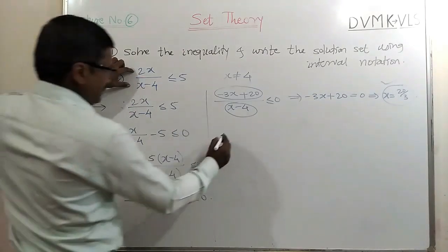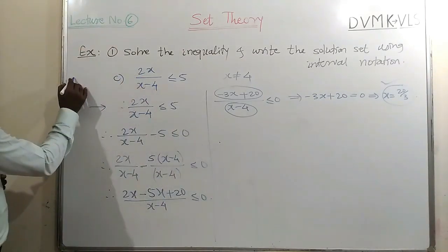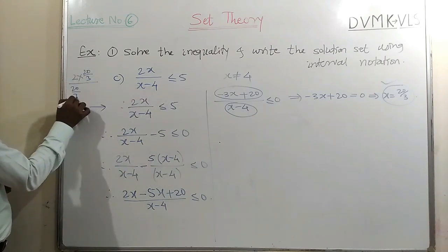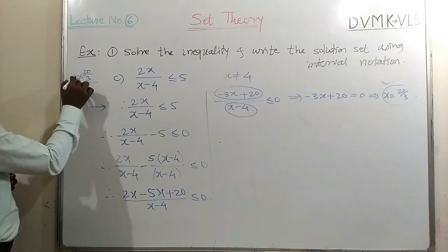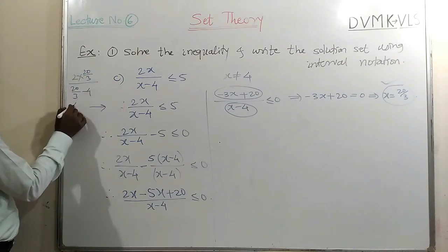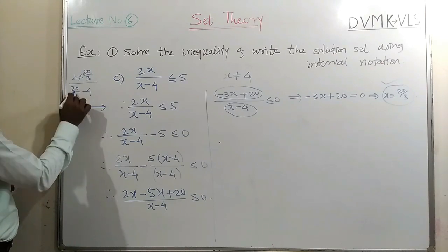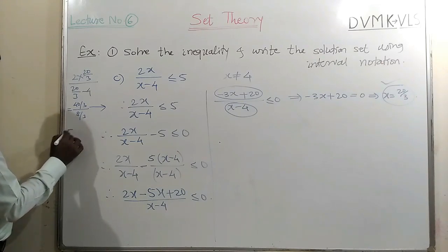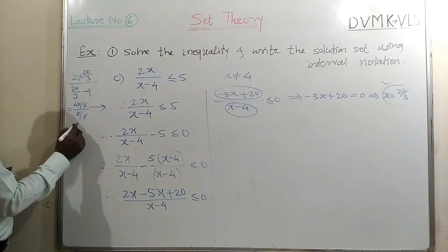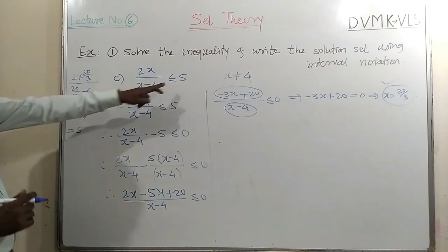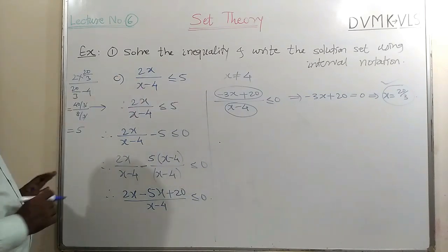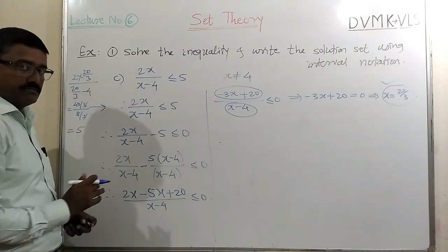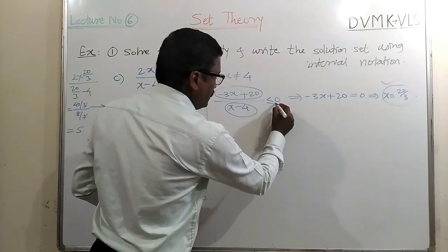Let us check it. 2x means 2 into 20 by 3, upon 20 by 3 minus 4. This will be 40 by 3 upon 20 minus 12, that is 8 by 3. So 8 cancels, 40 upon 8 is 5, and it is equal to 5. So 20 by 3 is the value of x which satisfies not the inequality but the equality.